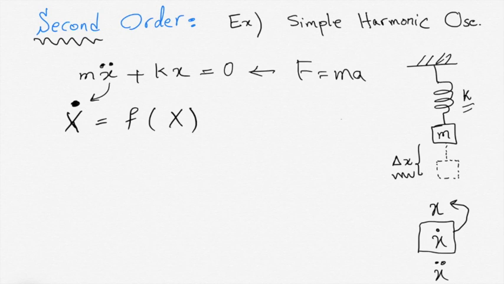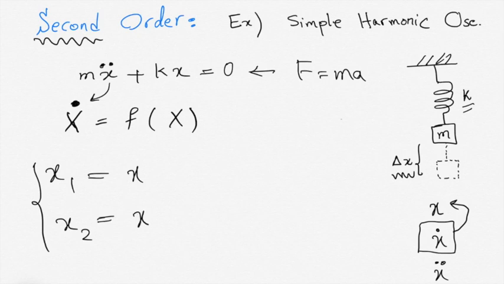Although there's a very direct relationship here between velocity and x, as a mathematical trick we define another two variables: x1 is equal to x, and x2 is equal to x dot, the position and the velocity.